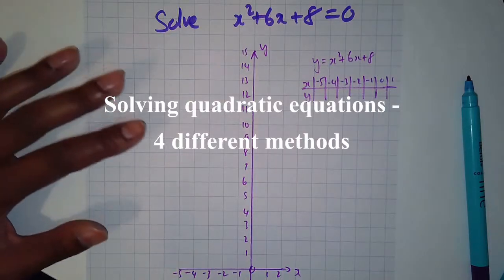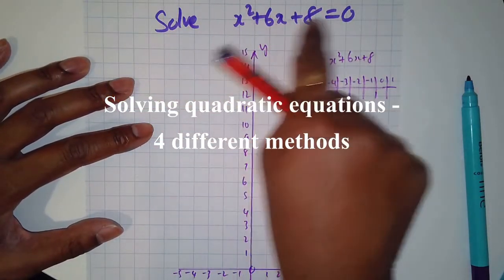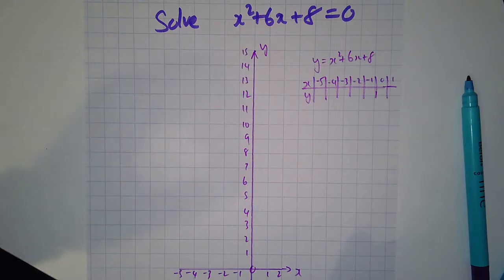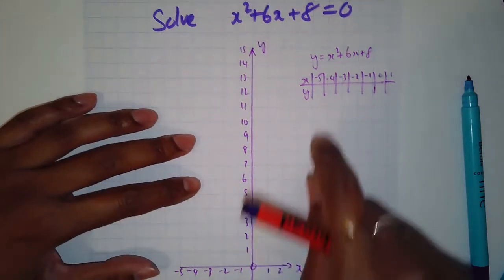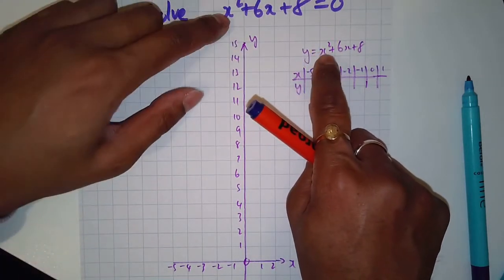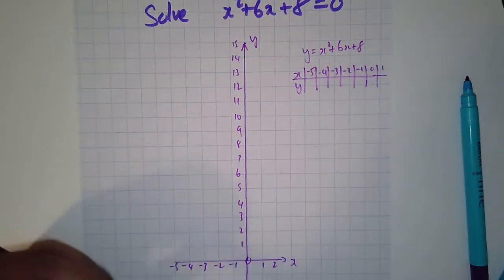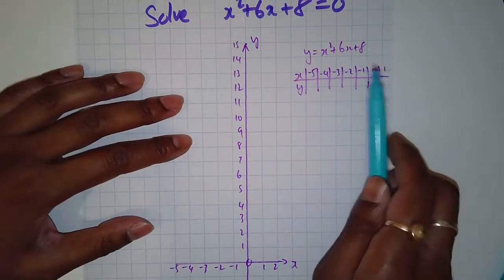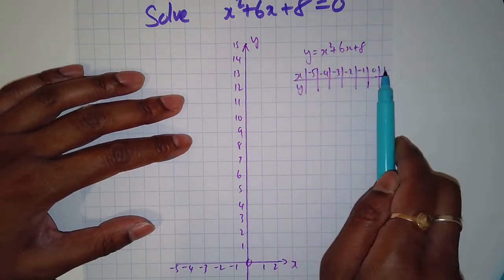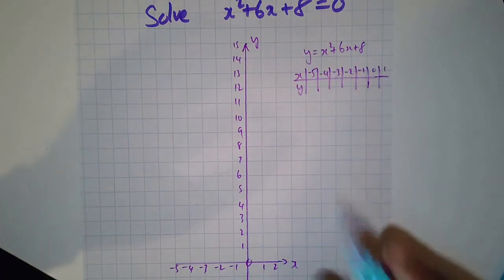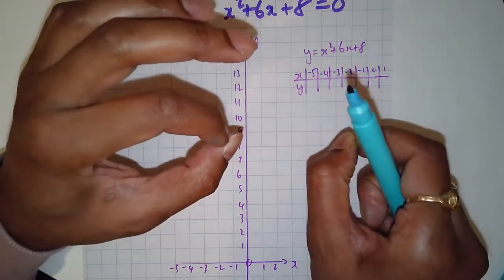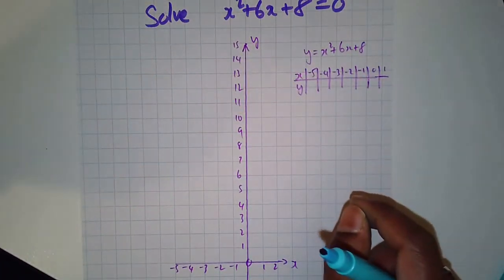Now I'm going to show you how to solve this quadratic equation by plotting a graph of y equals x squared plus 6x plus 8. To do that, you have to have a table of values. Now, I'm not going to concentrate too much on the details of how to do this because that was for a previous video.